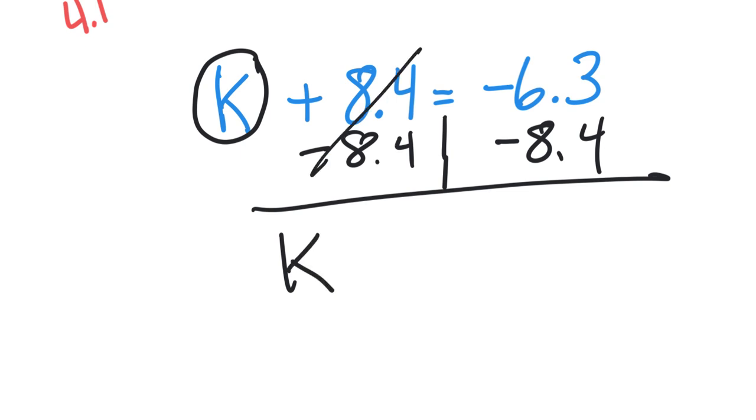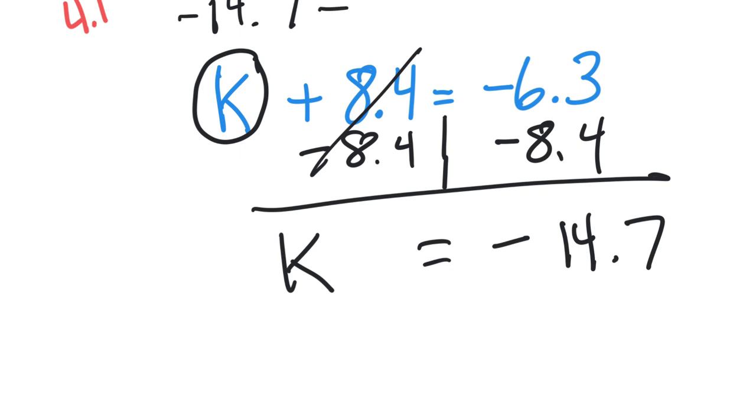Then negative 6.3 minus 8.4 is going to get me a negative 14.7. Now I want to check that. So I come up here and I put negative 14.7 plus 8.4.